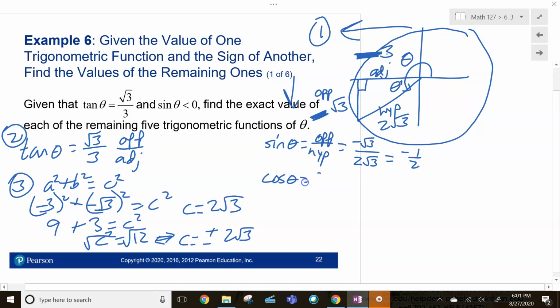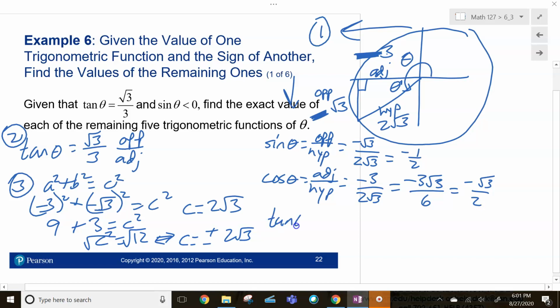Cosine, adjacent over hypotenuse, negative 3 over 2 root 3, multiply top and bottom by root 3, so negative 3 root 3 over 6, that cancels and gives you negative root 3 over 2. Tangent, we already have that, that was given to us.